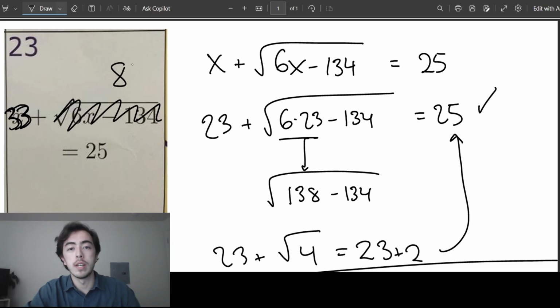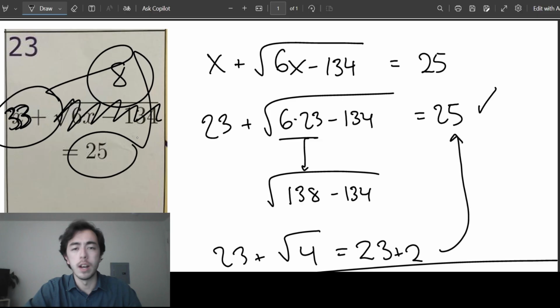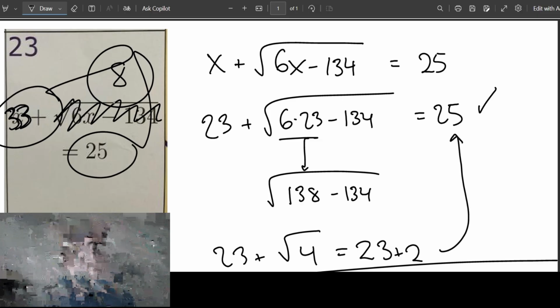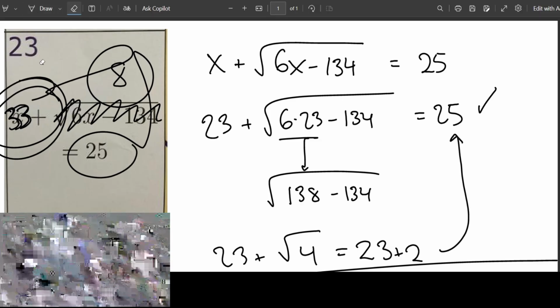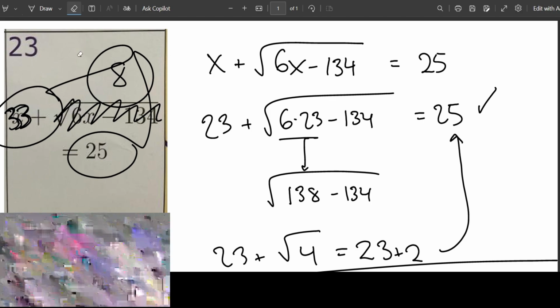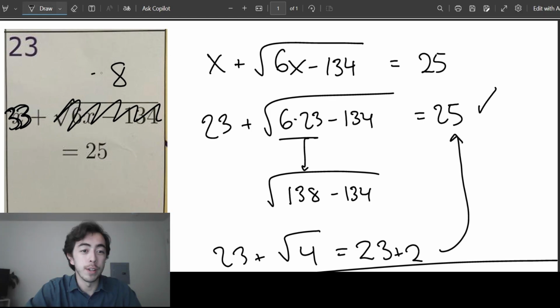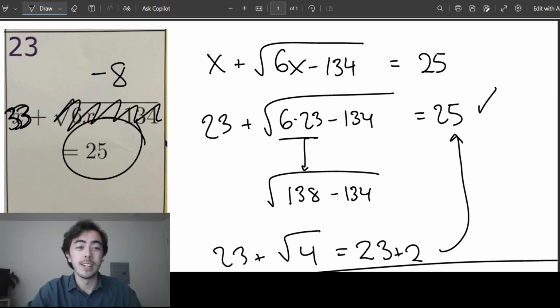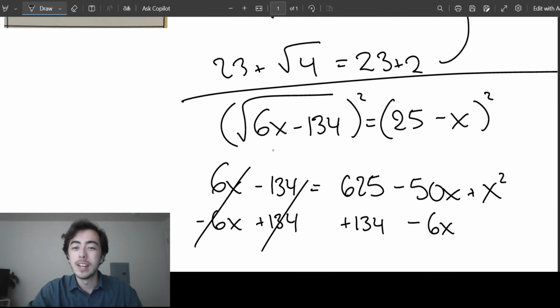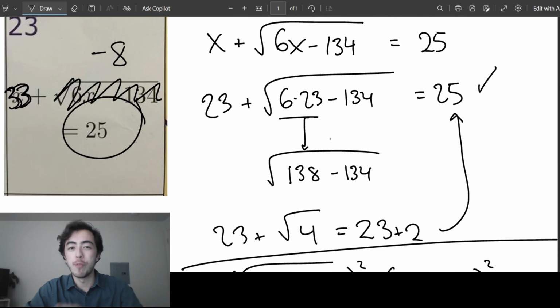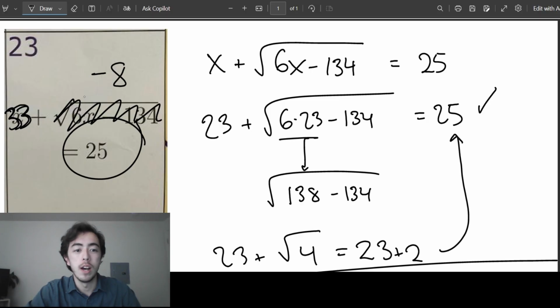But then now we're getting an equation that's kind of nonsensical, right? 33 plus 8 is not 25. This is already bigger than 25, so it doesn't make sense. However, 33 minus 8 actually is 25. And herein is that extraneous solution happening again, with that idea of 4 versus negative 4.